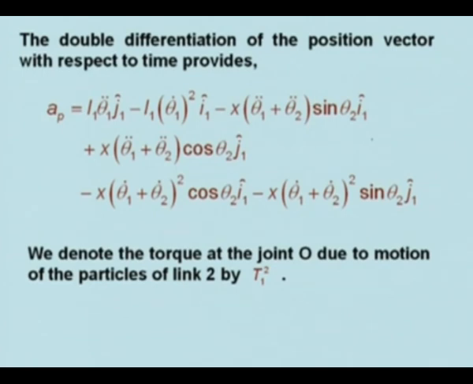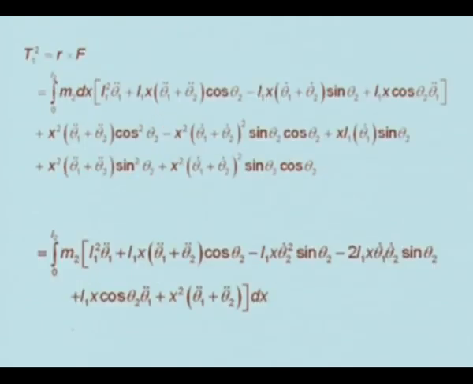So we denote the torque at the joint O due to the motion of the particles of link 2 by T12. Therefore, T12 is equal to R cross F, the cross product, where F will be basically M2 dx times the acceleration, and we have to take the cross product.